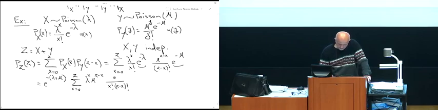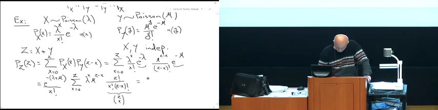Huh? Z factorial. If I put a z factorial here and divide by a z factorial, then this looks nice, huh? What would that be? Z choose x.